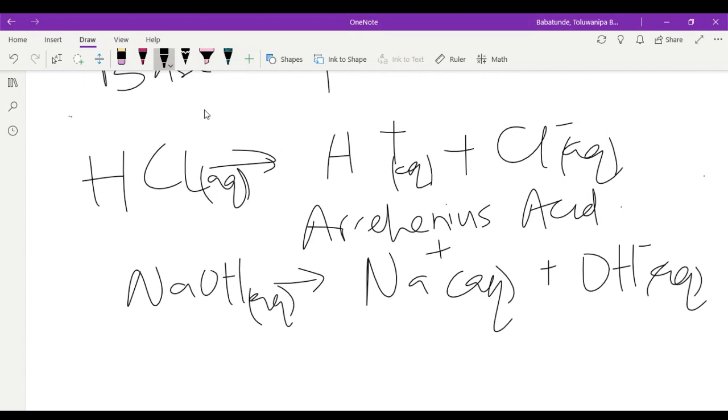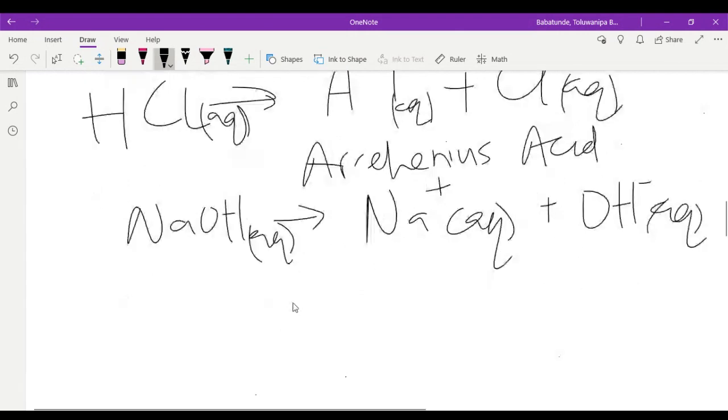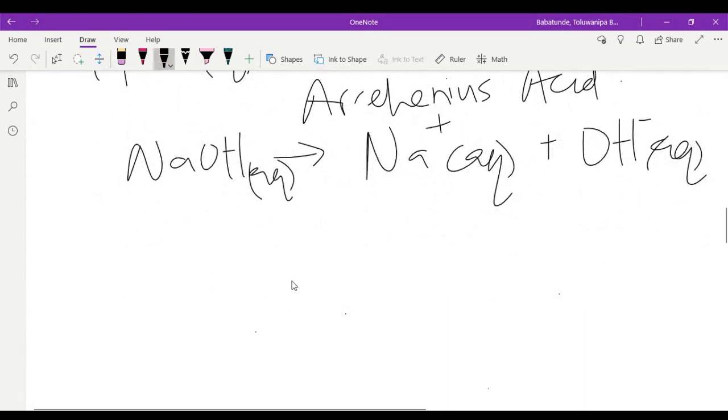The Bronsted-Lowry definition of an acid and base is broader than the Arrhenius definition, because we have some bases that do not produce hydroxide ion when they dissociate. For example, ammonia is a base.